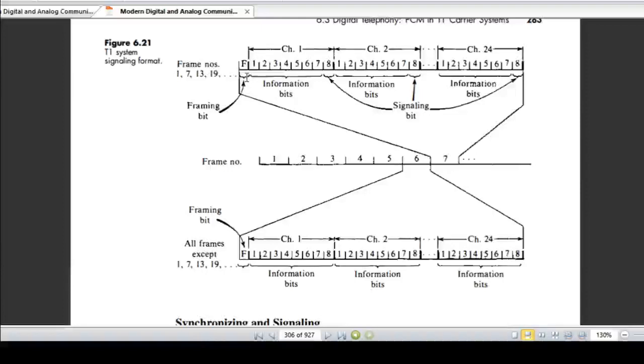For every frame, which consists of 24 samples or 192 bits, we add one more bit, the frame synchronization bit, so it makes 193 bits. Now 193 bits are transmitted in 125 microseconds, so the total number of bits in 1 second is 193 divided by 125 into 10 raised to minus 6, which will give 1.544 megabits per second.